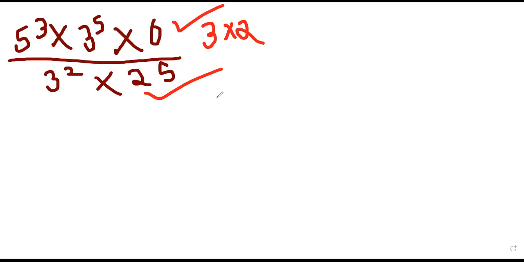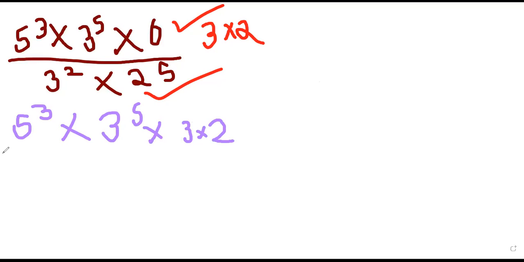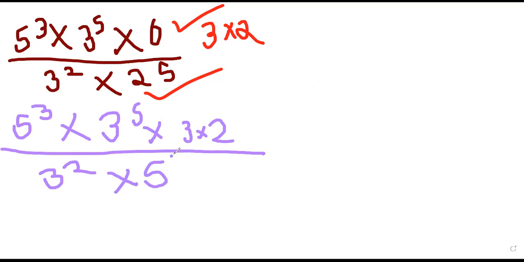Now we can write this as 5 cube into 3 to the power 5 into 3 into 2 upon 3 square into 5 square. Now here 3 is there, here also 3 is there.